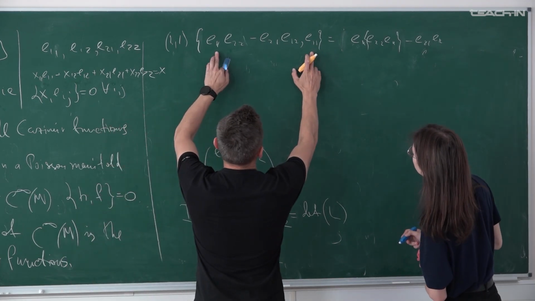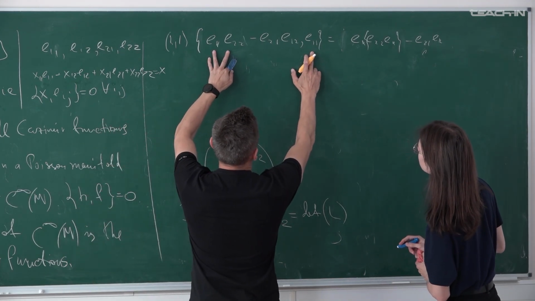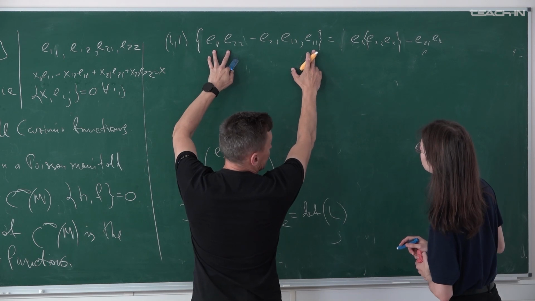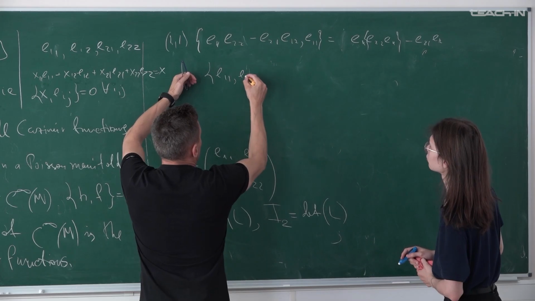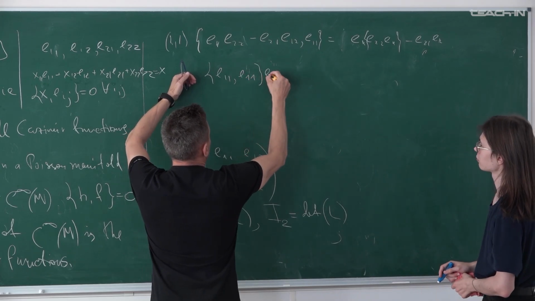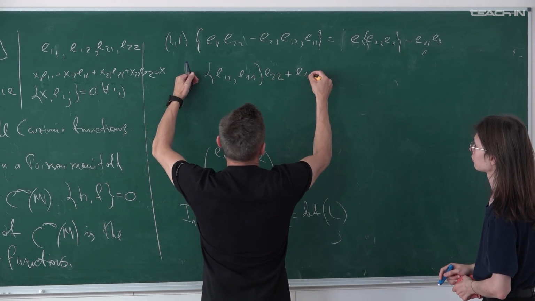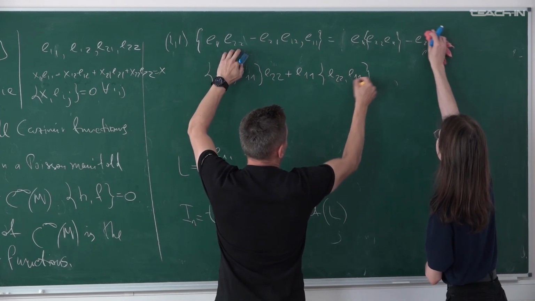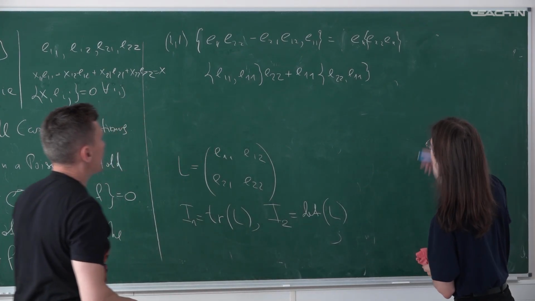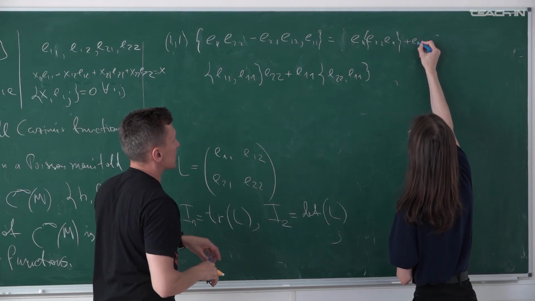You see, when you consider the Poisson bracket of this monomial with these generators, it's better to write it completely. It's E11, and the Poisson bracket of this one with this one. Okay? And then proceed to the second.